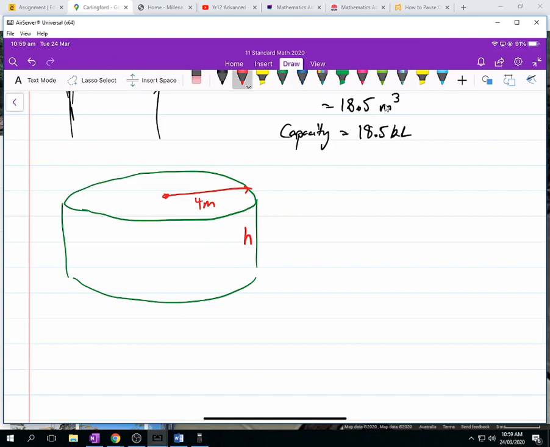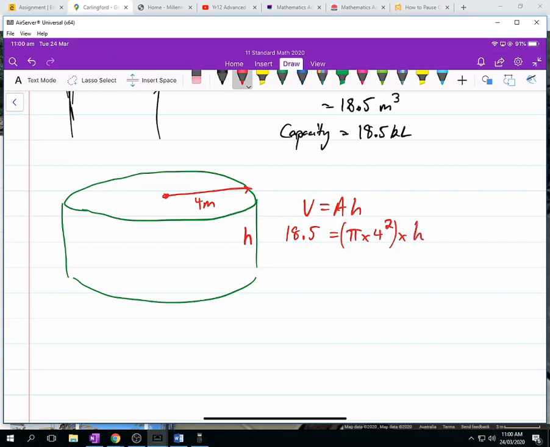So what we get is volume is equal to AH, okay, or 18.5 is our volume. 18.5 is our volume, so 18.5 is equal to A, which is pi r squared, pi times 4 squared, times the height.